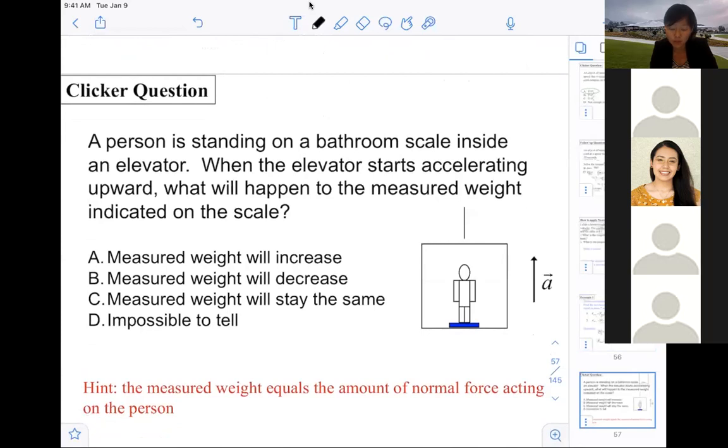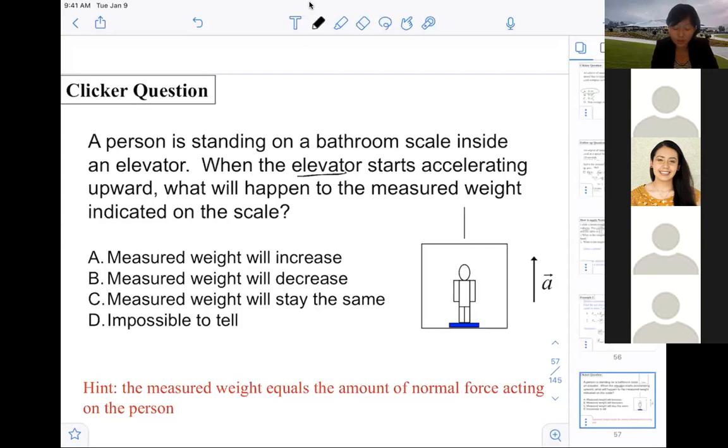Now your elevator starts accelerating upward, knowing that all objects within that elevator will have that same acceleration. So the person has the same upward acceleration, even though it didn't say so explicitly. What will happen to the reading of the bathroom scale?